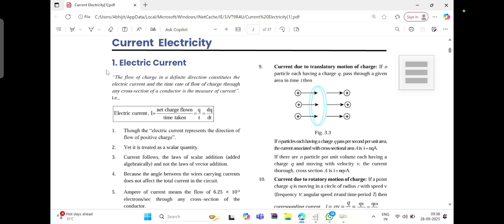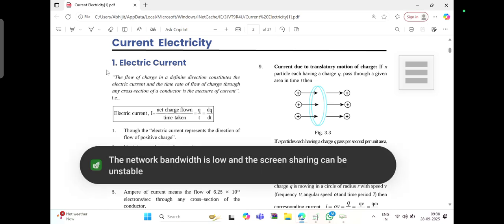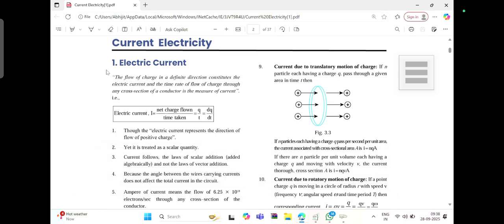As I already told you, when free electrons move in a conductor, due to the movement of free electrons we get current. Here it is clearly told that the flow of charge in a definite direction constitutes the electric current, and the time rate of flow of charge through any cross section of a conductor is a measure of current.